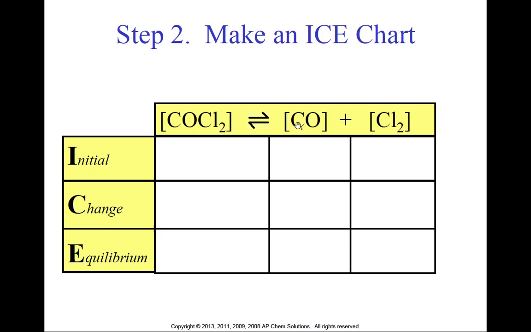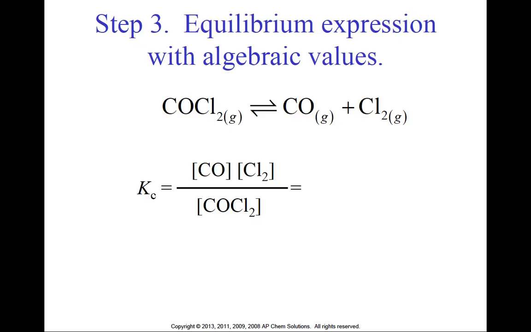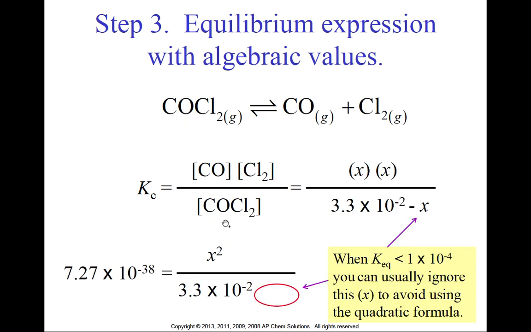So this is going to go down by X. We're going to lose some of this, and this is going to go up by X, and this is going to go up by X. So at equilibrium, we're going to have 3.3 times 10 to the negative 2 minus X. We're going to have X, and we're going to have X, because 0 plus X is X. We're going to plug this into our equilibrium expression. Once again, products over reactants. And we get something like this.